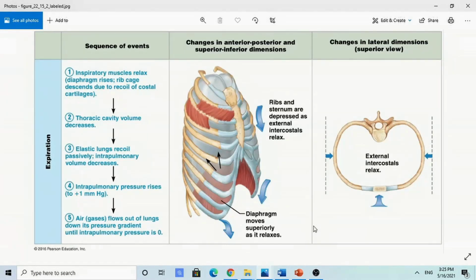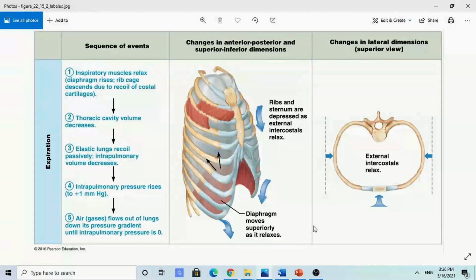And the elastic tissue within the lungs recoils and contracts back. That makes volume within the thoracic cavity less, and as volume decreases, pressure within the thoracic cavity increases and becomes higher than atmospheric pressure. So air moves from higher pressure within the lungs into the lower pressure in the atmosphere, in the opposite direction. This is what happens during quiet, normal, rested expiration, exhalation, or breathing out.